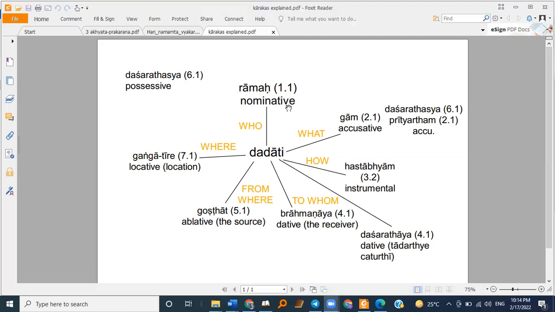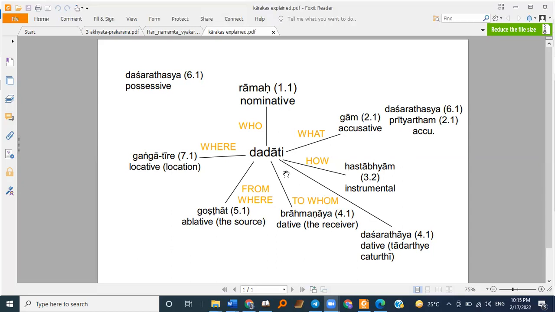He's giving the cow, which is Gam. Then, how is Rama giving the cow? He's giving the cow through his hands, both of his hands.